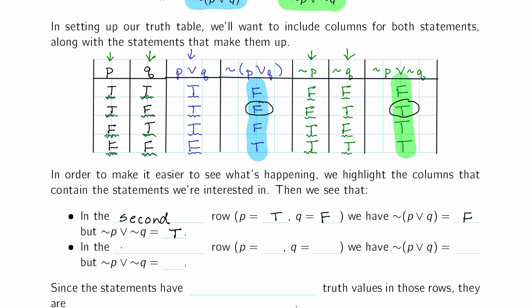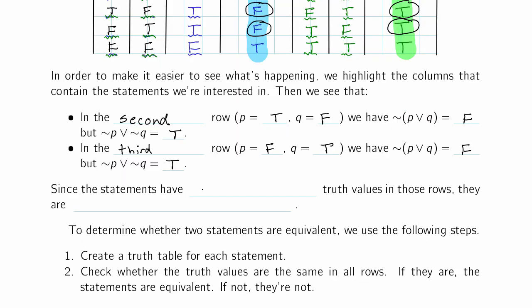And then in the third row, where P is false and Q is true, we have not P or Q is false, but again, not P or not Q is true. Since the statements have different truth values in those rows, they are not equivalent.